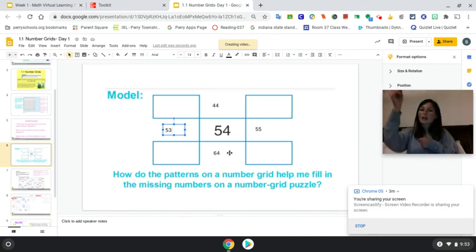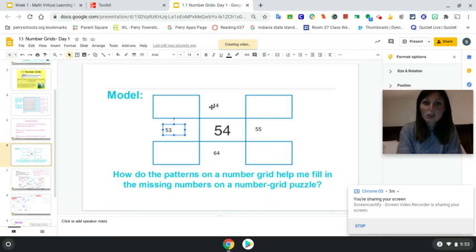See how I'm checking as I go, making sure that it still follows the same order. When you're counting by tens, the ones place is the same, 4, 4, 4, but the tens place changes, 4, 5, 6. It's a little bit different when you're going by ones. The tens place stays the same, 5, 5, 5, but the ones place changes, 3, 4, 5, because we're counting by ones this way and by tens this way.